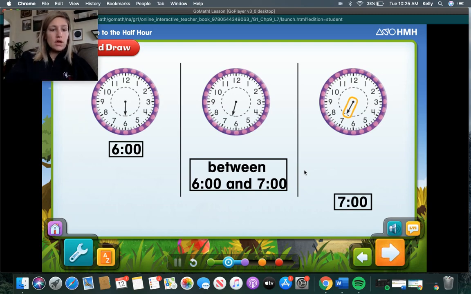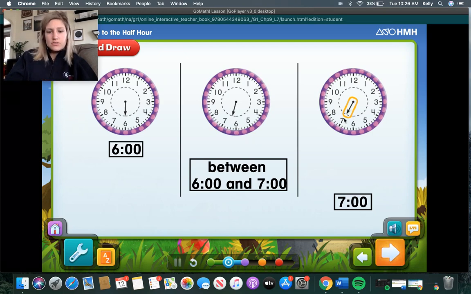So we're learning to look for this hour hand to see which number it's pointing at, and that will tell us what hour we're in. So when the hour hand points right down at 6, it's 6 o'clock. When the hour hand is between 6 and 7, it's between 6 and 7 o'clock.